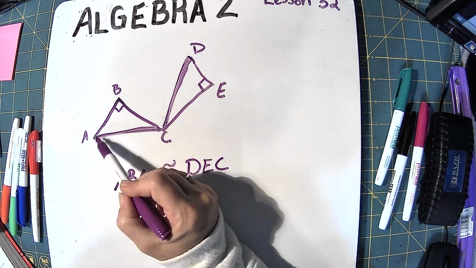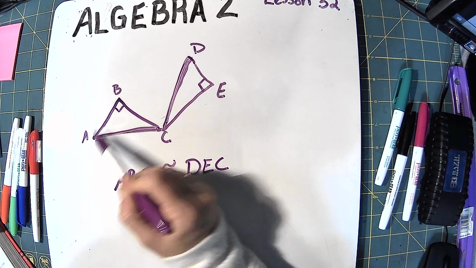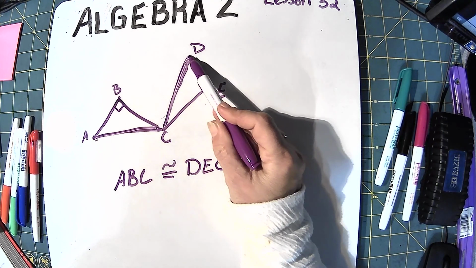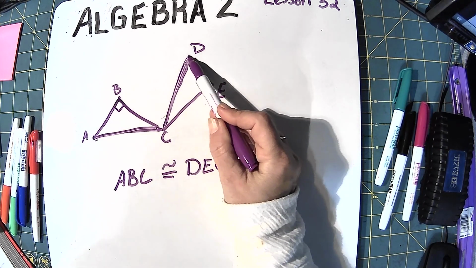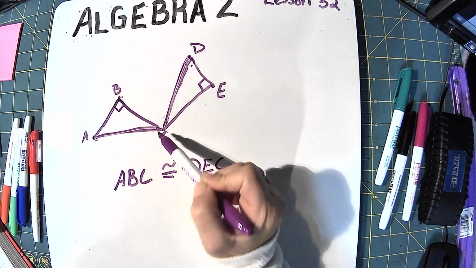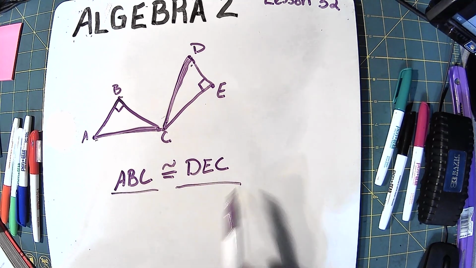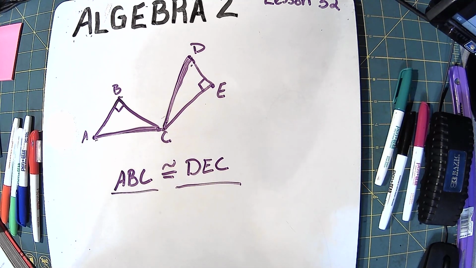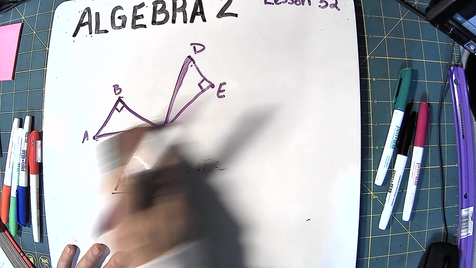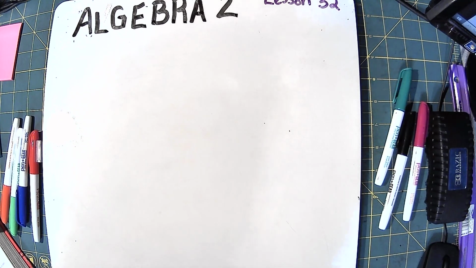So we got to make sure that these corresponding points, these corresponding angles line up. So A and D, B and E, and then C and C, and we got to make sure they're in the right order when we say that it's congruent, so that each angle that corresponds with each other comes in the right order. All right, that's pretty much most of that.